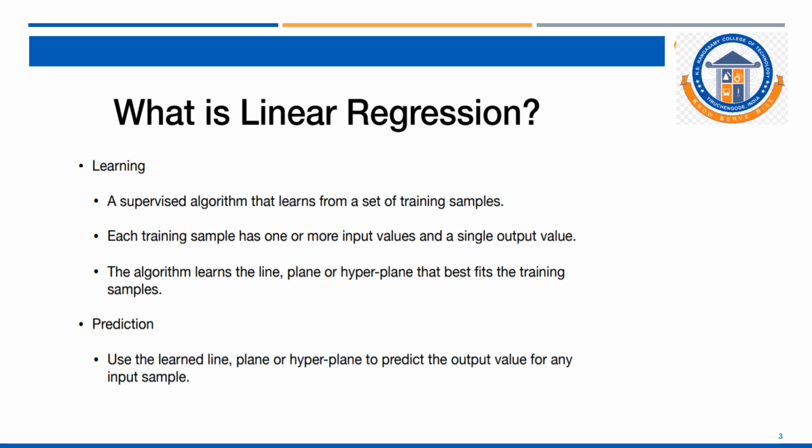Linear regression comes under supervised algorithms, which have a set of training values. These training values will have one or more input values and a single output value. This algorithm will try to fit a best fit line among the training samples.